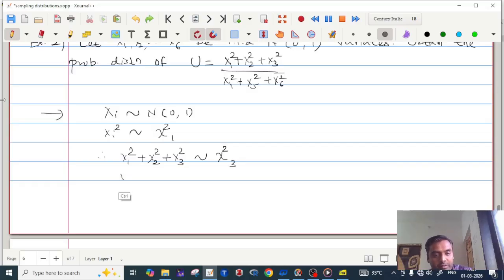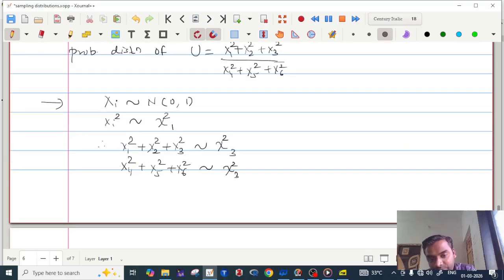And X4 square plus X5 square has distribution chi-square 2. Here, if you observe, this is the ratio of two chi-squares, and we have seen the definition of the F distribution. If you divide each chi-square variate by its corresponding degrees of freedom, then it will be F.